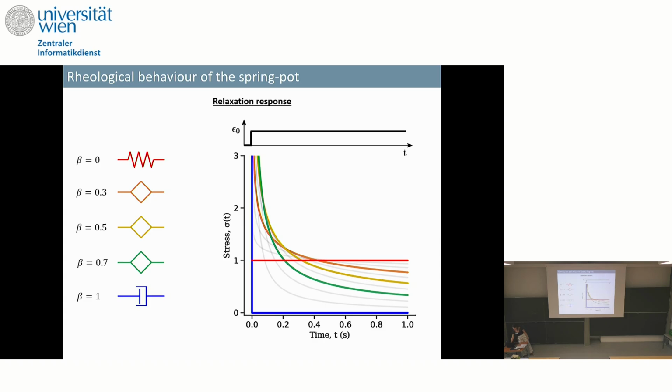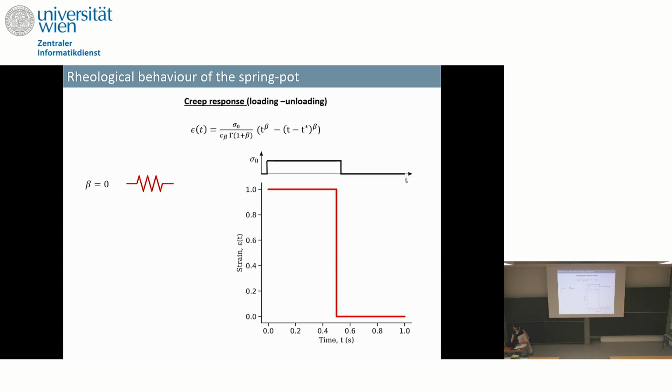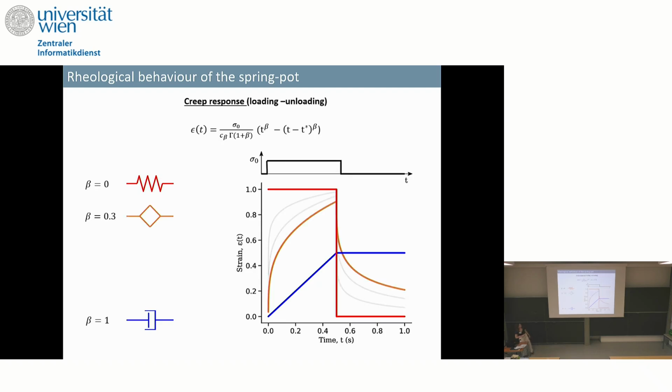I think what is even more interesting is to look at the creep recovery response. For the spring, we apply a constant stress, then we unload, and everything goes back to 0. For the dashpot, we apply it, then we leave it, and it stays there. What does the springpot do? It loads like a spring. This is for 0.3, and then it unloads.